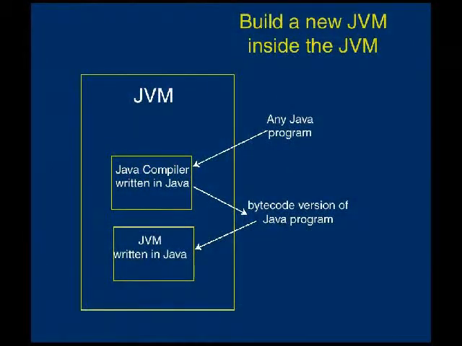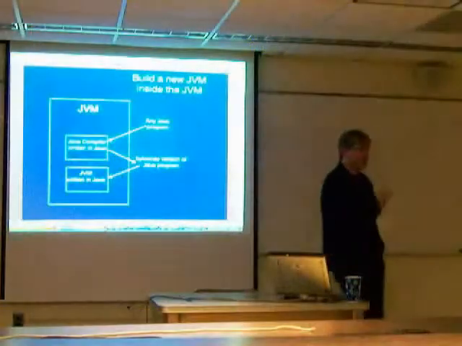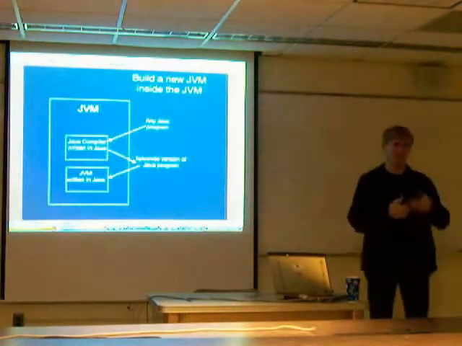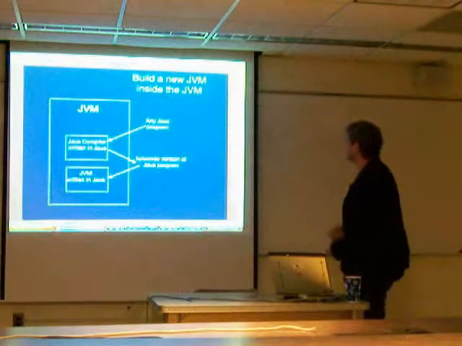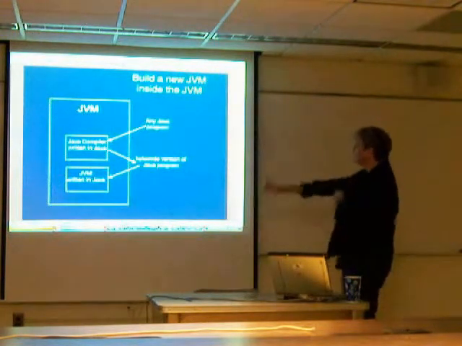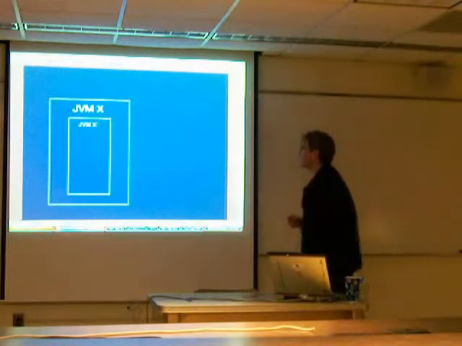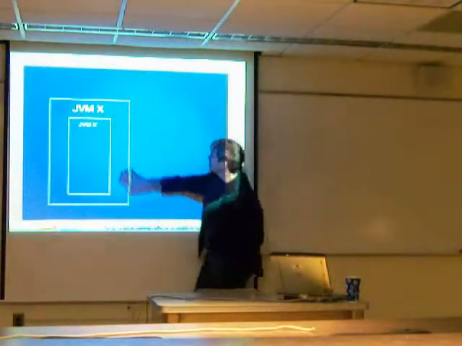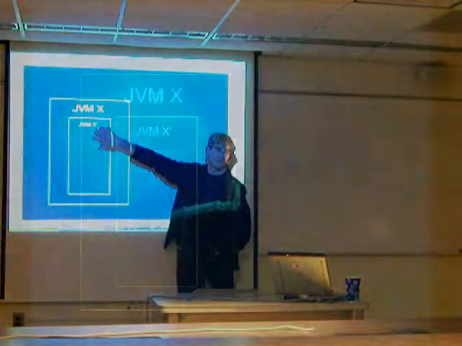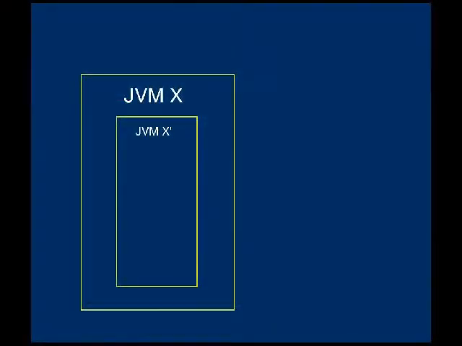But what you can do is you can also write a JVM in Java and run it on your JVM and feed your bytecode into there. And now you can do analysis on your program, you can do performance analysis or whatever it is that you're interested in, by building this new JVM inside the original one. And so what you have pictorially is your original JVM X, and inside there you have a new virtual machine X prime that you built. And that's great, but what if you're running a compiler on X prime and you want to analyze the output of that?